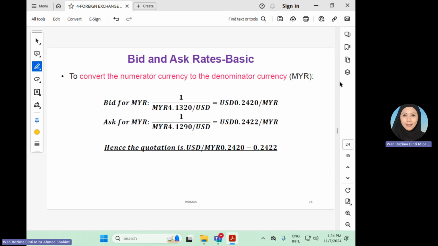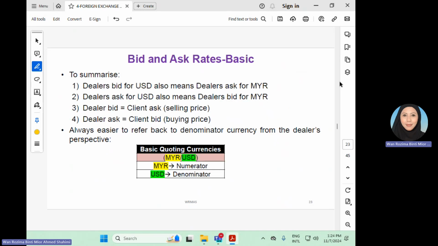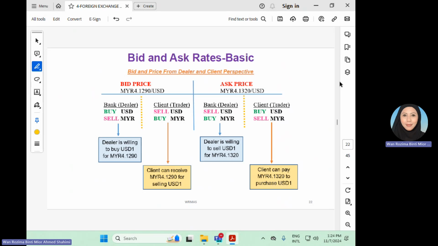I repeat. Just now, we referred back to the slide: bid price 4.1290, ask price 4.1320. Now you want to change from Malaysian ringgit against USD to USD against Malaysian ringgit, so you have to take the reciprocal, 1 over.